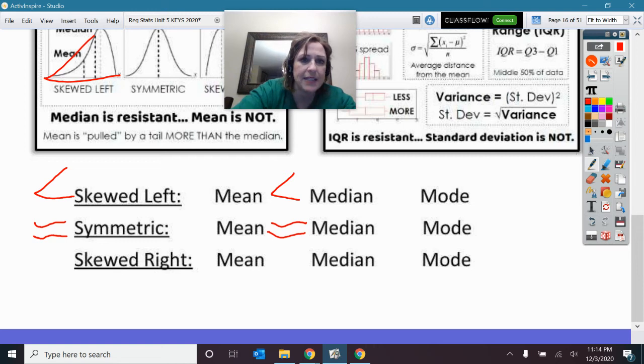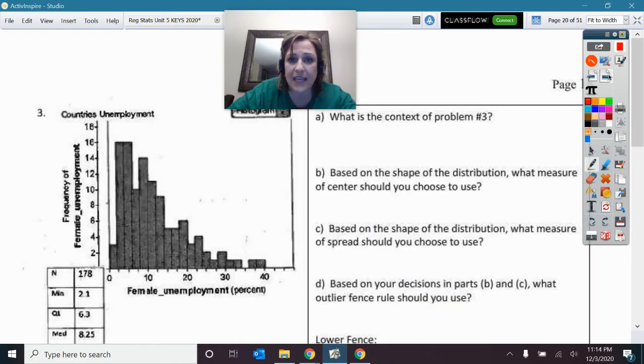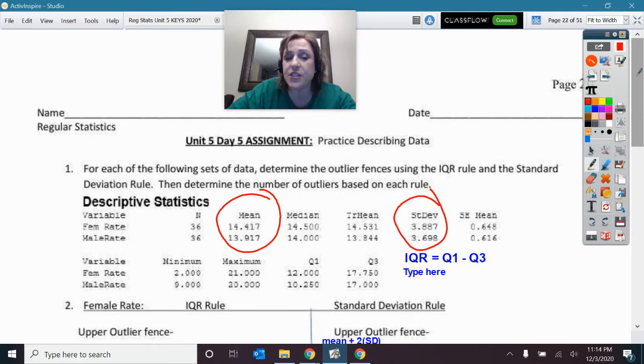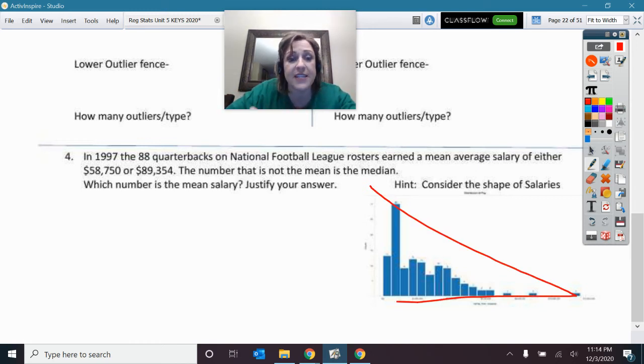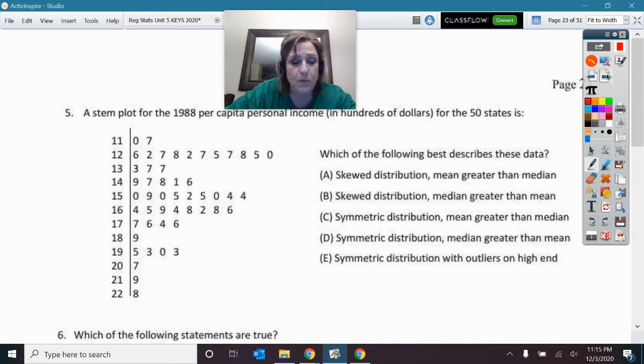All right, skewed right. Of course, those are shapes that are skewed to the right. In those cases, the mean is greater than the median. That is what is playing into some of these other answers. So here we're going to consider the shape of the distribution of salaries of NFL players, and that's going to play into our decision of which of these numbers is the mean and which is the median.